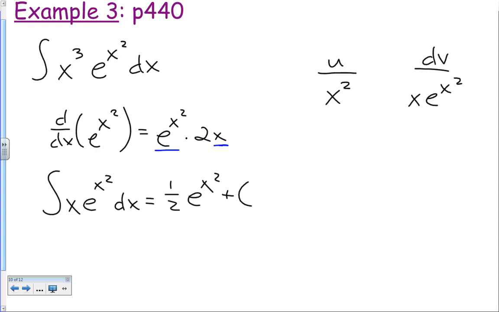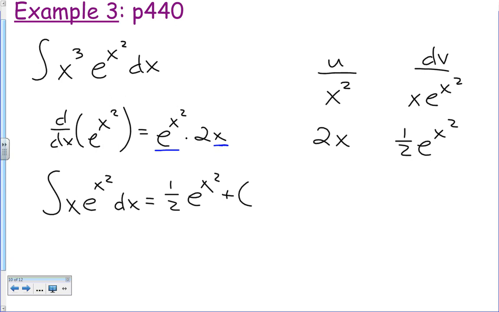So I've taken one of the x's from the x cubed and moved it over with the dv. All right, so let's take the derivative of x squared. That's the easy part. That's 2x. In fact, we actually just found the antiderivative of x e to the x squared. Turns out that was 1/2 e to the x squared.